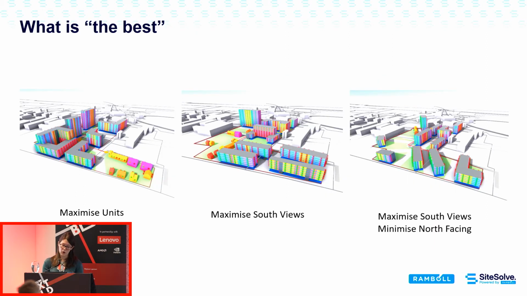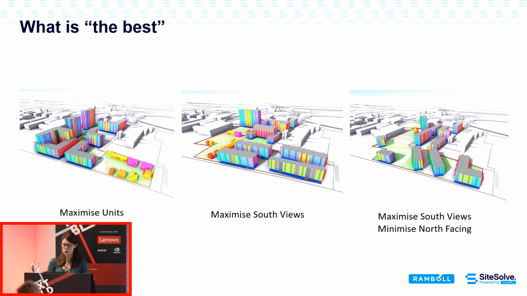Similarly, with SiteSolve, we've been running different experiments with different massing options that we create, and we can develop different fitness functions for the optimization criteria that we're trying to optimize for. And we can tweak that to see what the different impact is of those on the potential solution. So on the left, you can see we can just maximize the number of units.